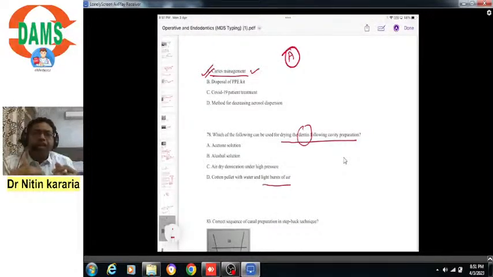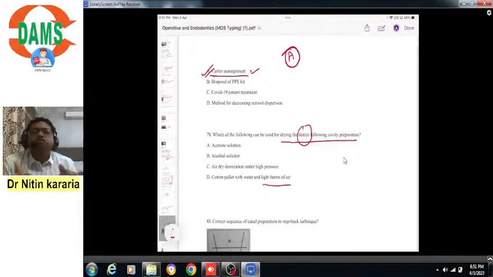Dentine is an inherently moist tissue because of the presence of dentinal tubular fluid. So whenever there is forceful excessive drying of the dentine, what would happen? There would be fluid movement from the dentinal tubules that would lead to stimulation of A delta nerve fibers due to aspiration of odontoblasts. Okay, so that has to be avoided.